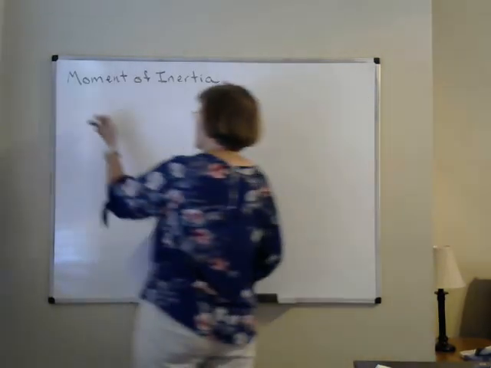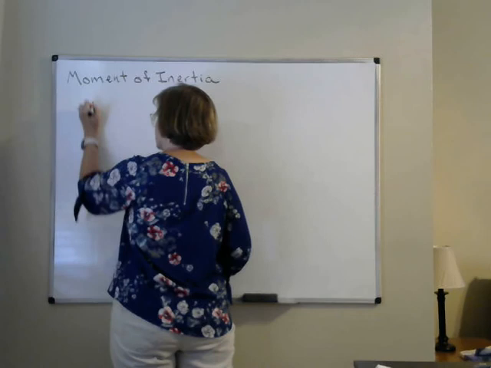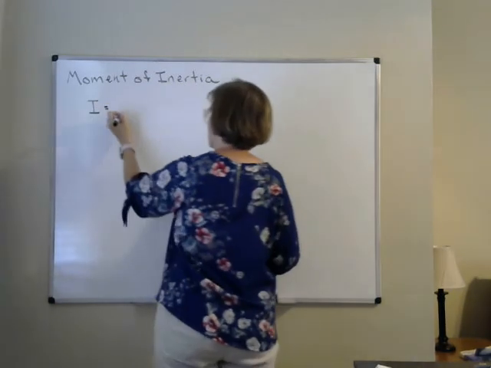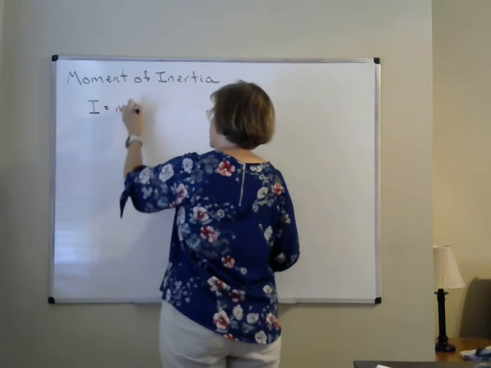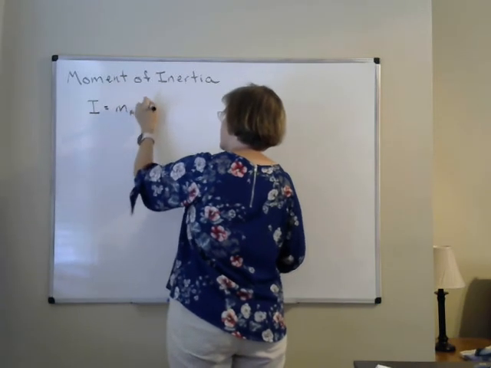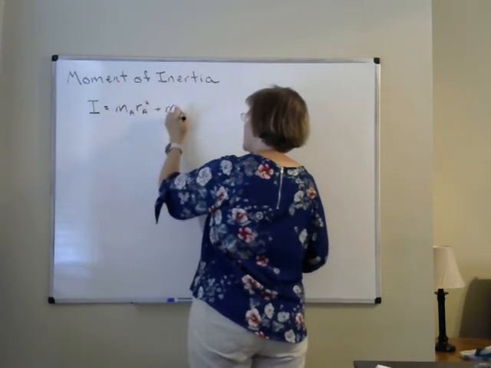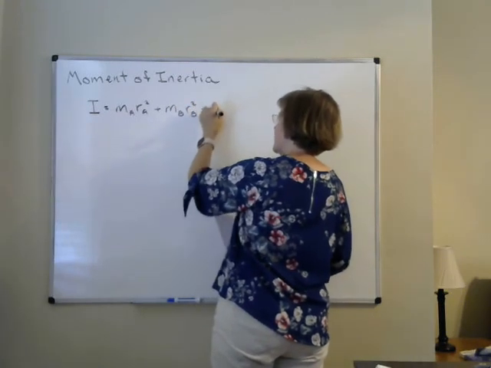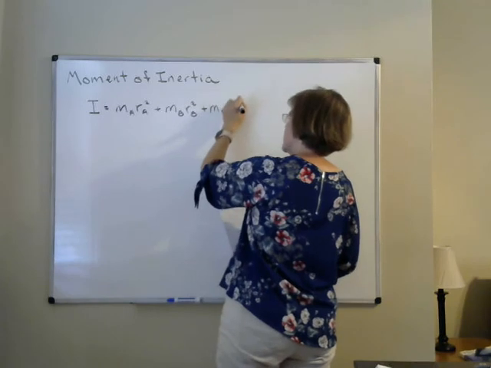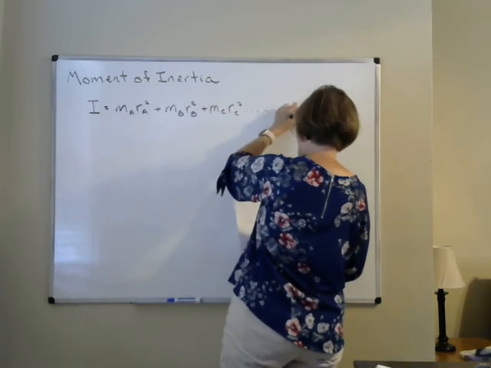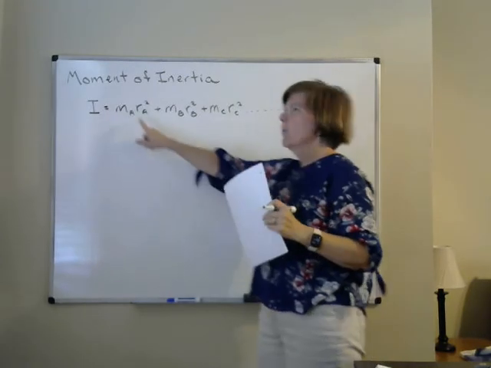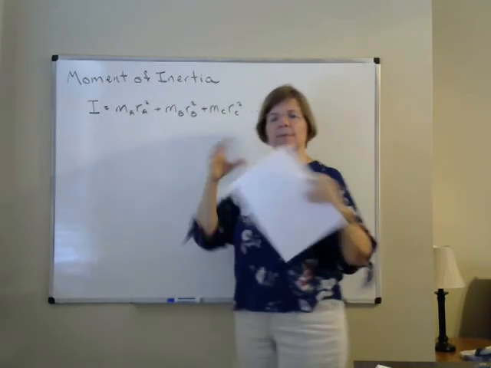The quantity, the moment of inertia, is given by I equals mass A times r_A squared plus mass B times r_B squared plus mass C times r_C squared. And each one of these masses is a point mass that makes up this solid.